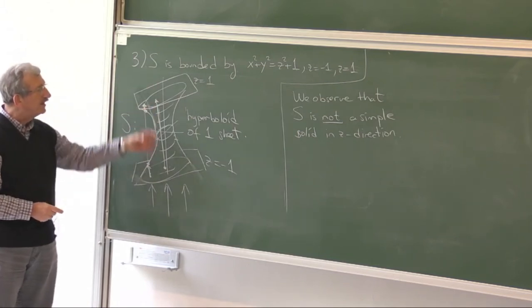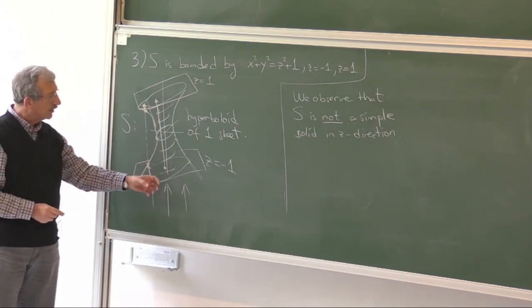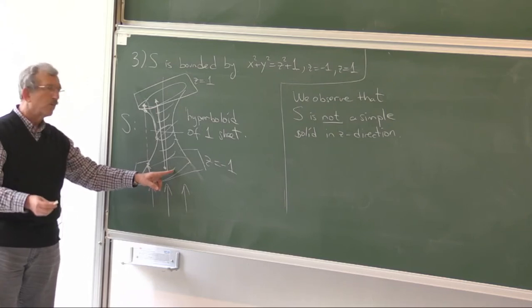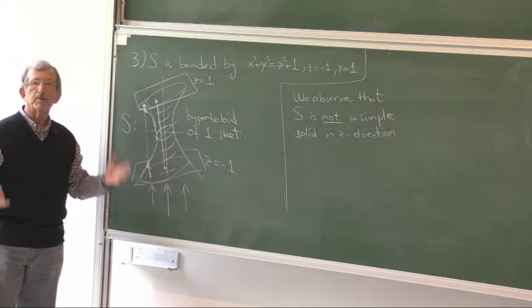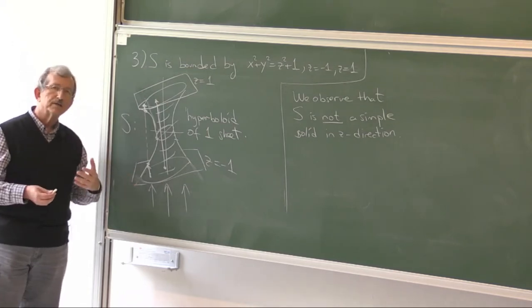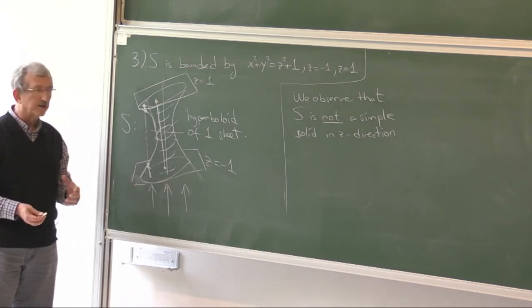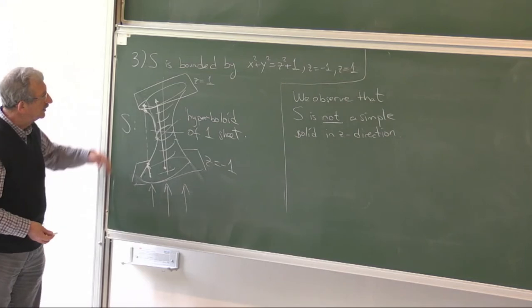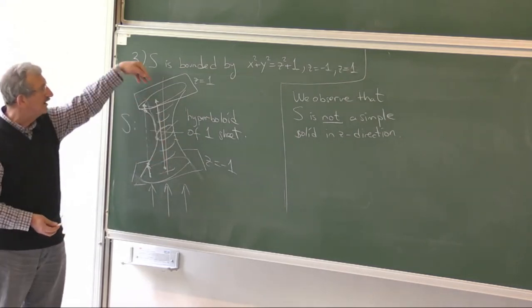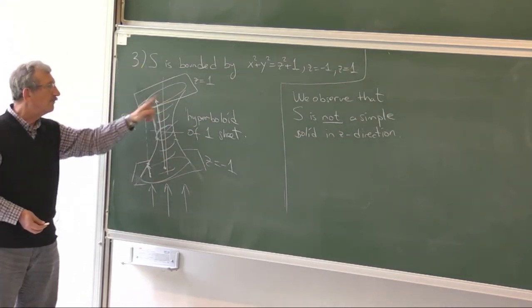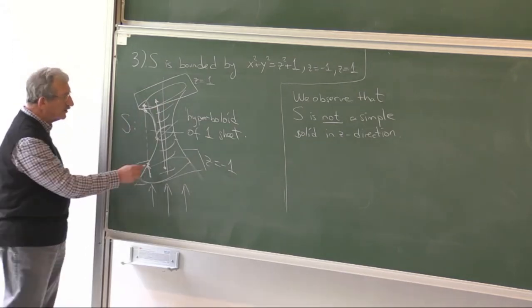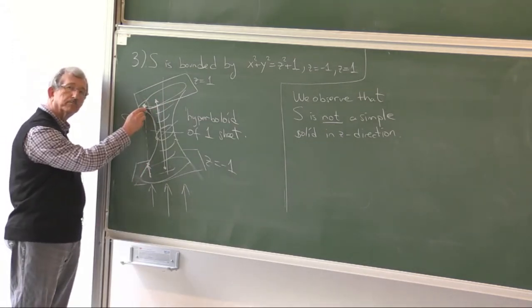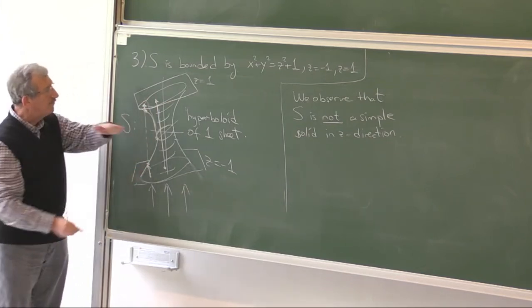If you are in this cylinder with radius 1, you enter from the lower part, you are always inside, and then you leave from the upper part. So it is one of the sections that we have to consider. What is left is, if you take the inside cylinder out, you have the surrounding part. The surrounding part still has this problem. So we have to separate them by cutting at half.